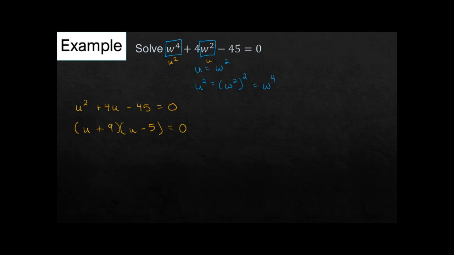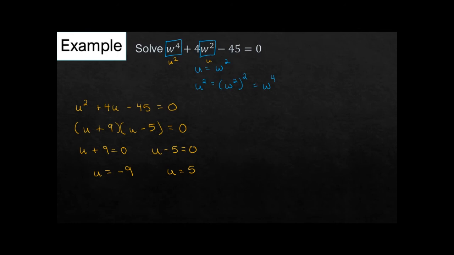So 9 times negative 5 gives us a negative 45. 9 minus 5 gives us 4. So u plus 9 is equal to 0, and u minus 5 equals 0. And we get u is equal to negative 9, and u is equal to 5.